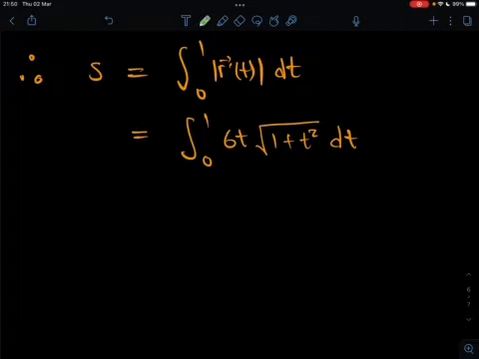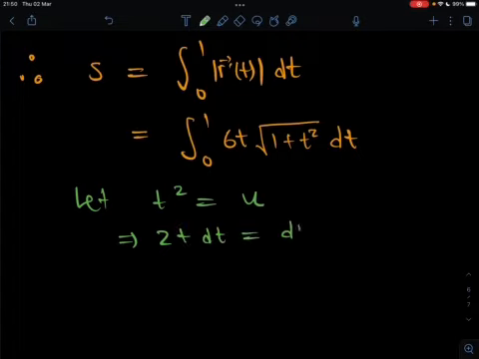So we'll say let t squared be equal to u. So this implies 2t dt is equal to du, like that. So I can multiply by 3 both sides. If I multiply by 3, I get 6t dt is equal to 3 du.